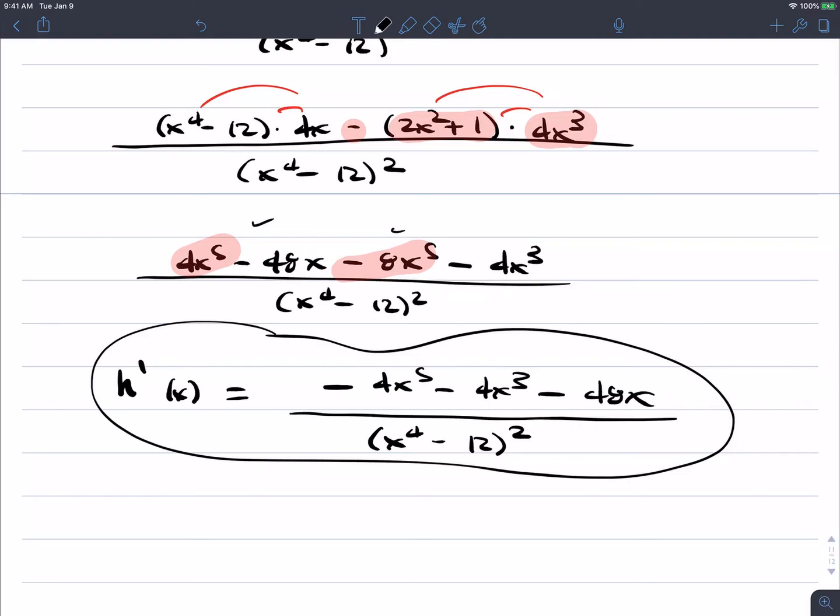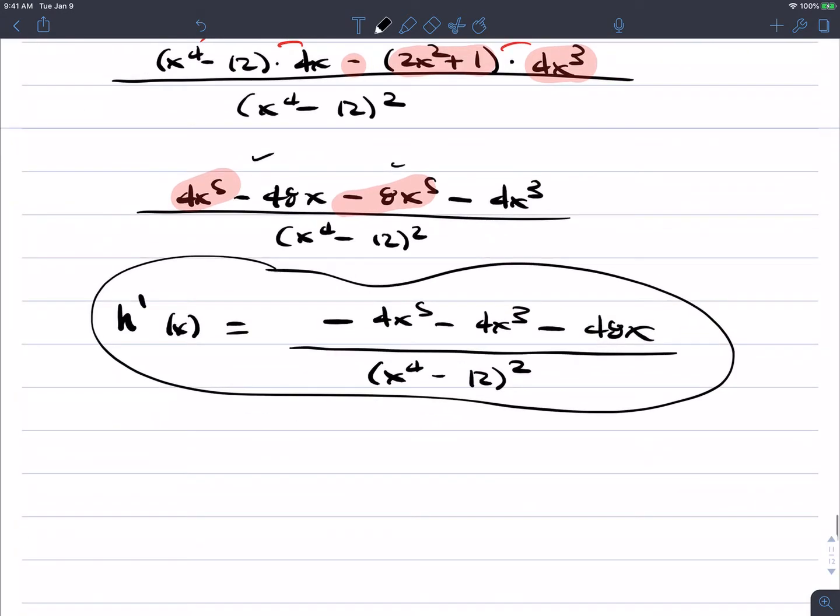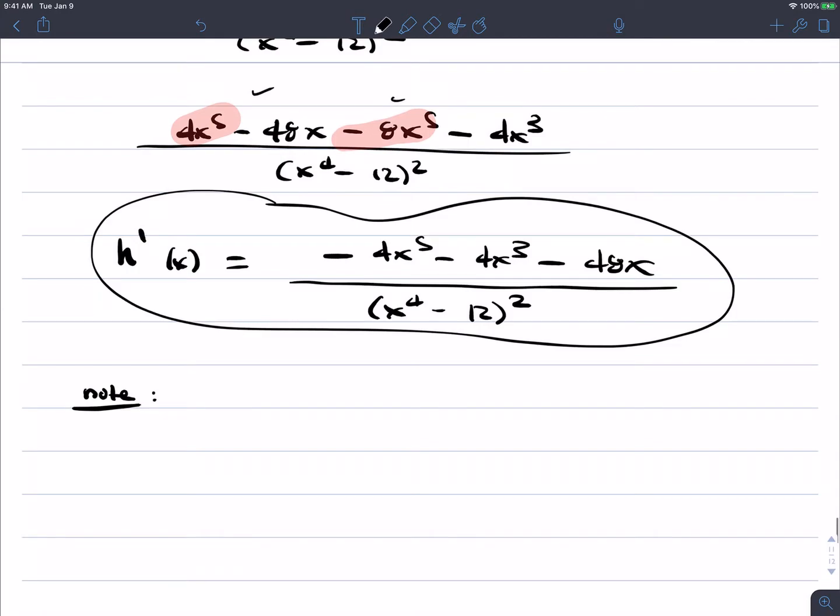And we wrote this answer in what's called descending order. You can look in the back of the book, and you can see an answer where they factored out the negative 4 from the numerator. You say, why did they do that? Well, because they can.